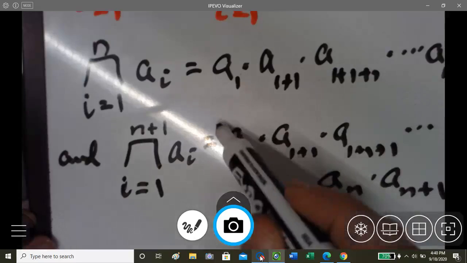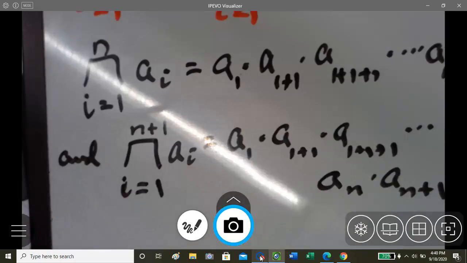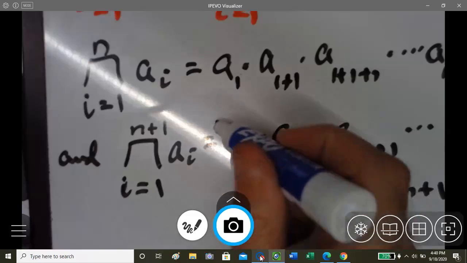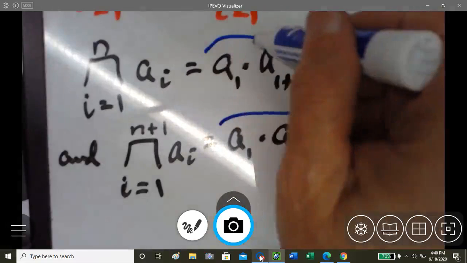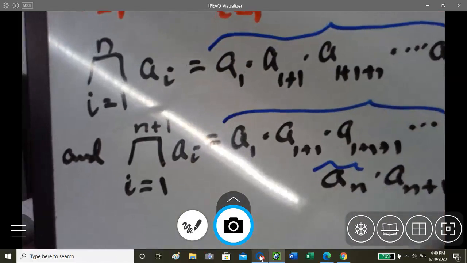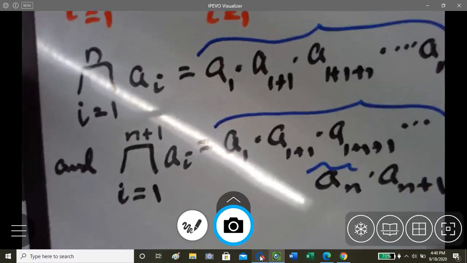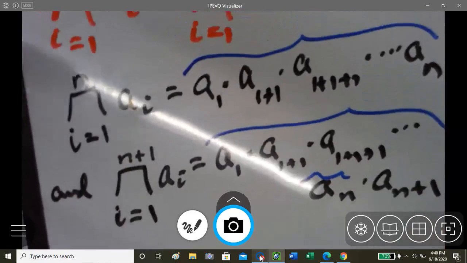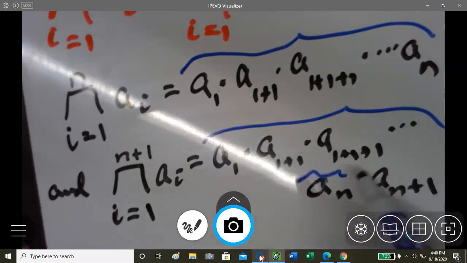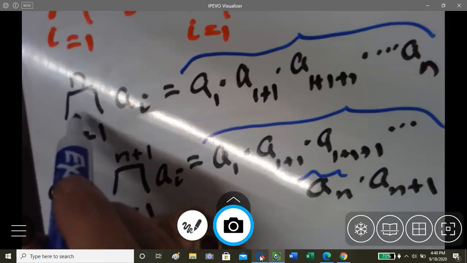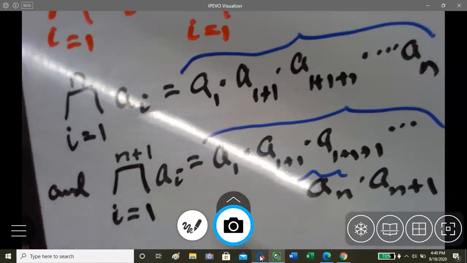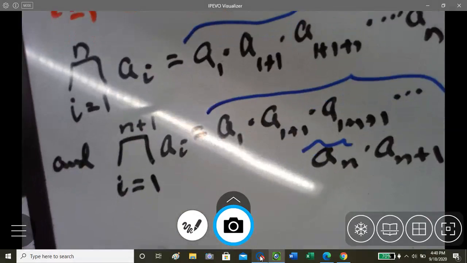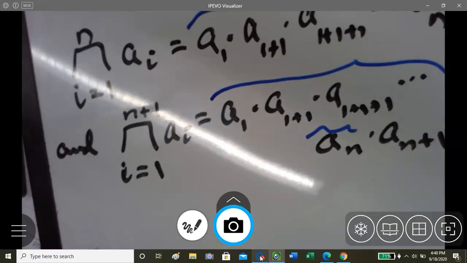All of this, including this one, is equivalent to all of that. So in that case, we can say this is the product of i equals 1 to n of a sub i. These three dots mean therefore.